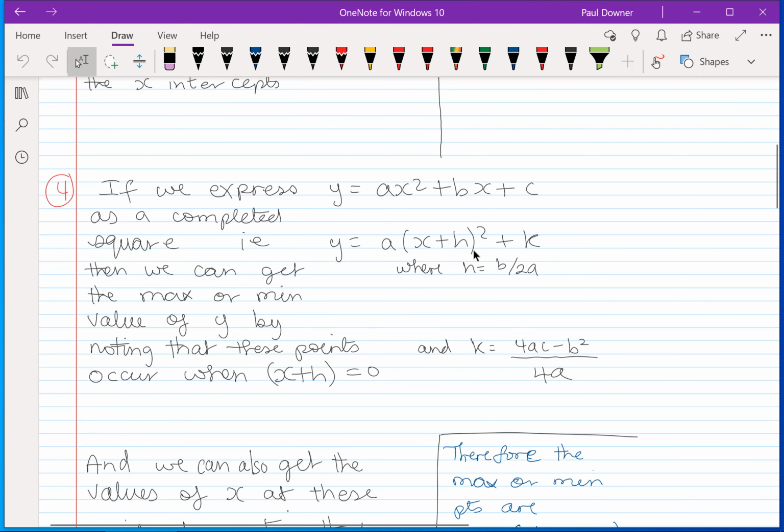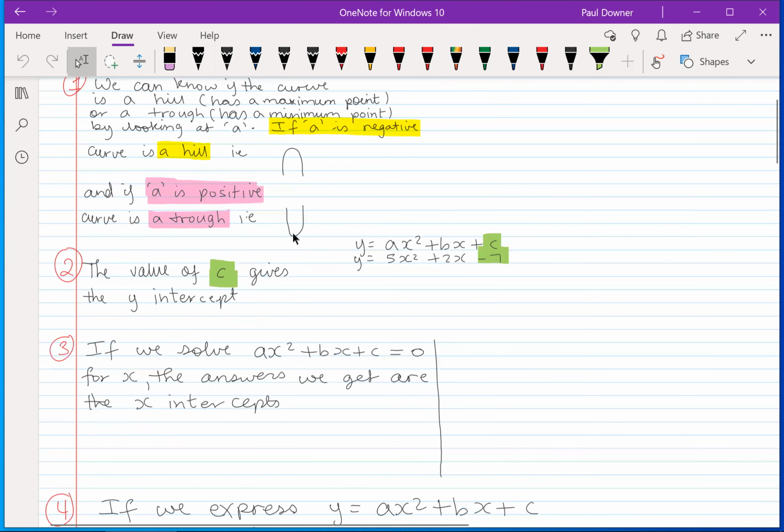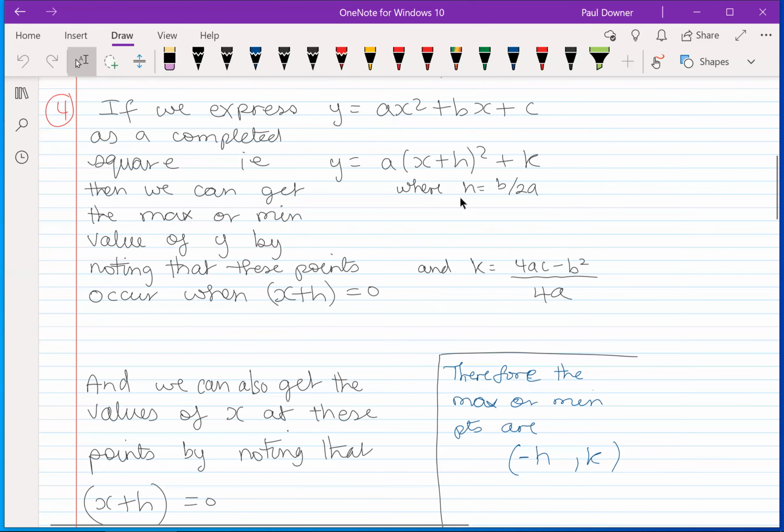That is to say, we could locate this point here or this point here, the maximum or the minimum. How can we do it? Well, we could express this in this particular form, which is the completed square. And when we put this part here equal to 0, we could calculate the maximum value of y or the minimum value of y. And we're going to actually do that in the example.